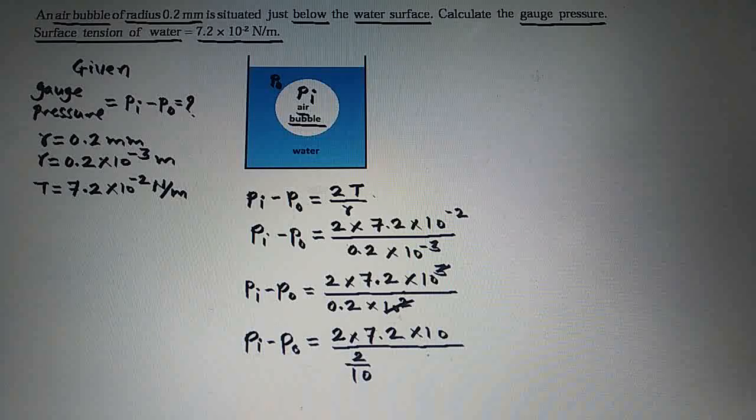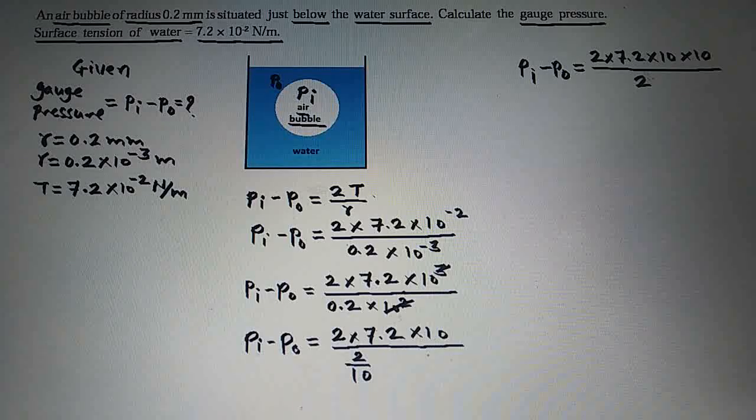So Pi minus P0 is equal to 2 into 7.2 into 10, and this 10 in the denominator of the denominator will be shifted to the numerator, divided by 2.